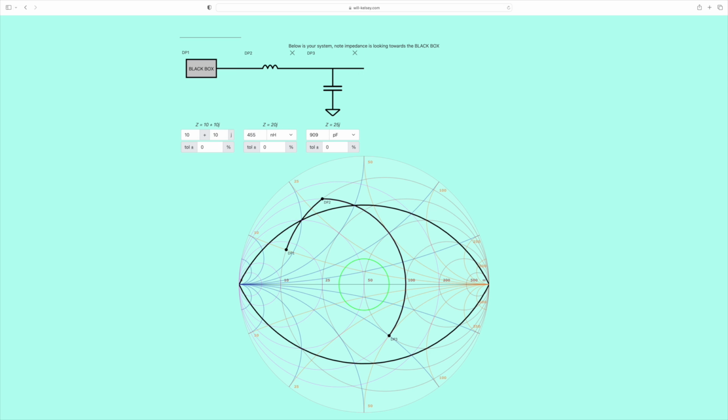So clearly that looks wrong, and we can see why. Because we were calculating starting from here, but we're further up on this circle of constant resistance, 10 ohms further up. So it stands to reason that we've gone too far.